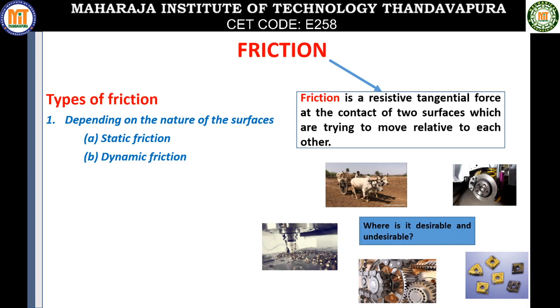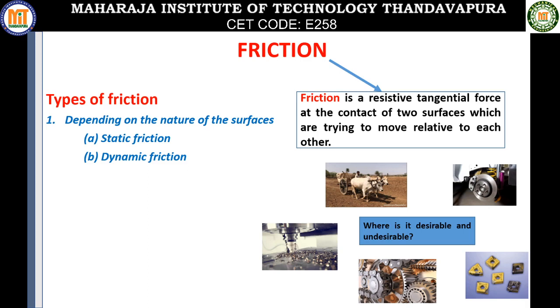In dynamic friction, whenever one surface or two surfaces are trying to move over the other, then the force experienced by the moving surfaces to resist the motion is called dynamic friction. Okay. So that is the classification of friction depending upon the nature of the two surfaces.